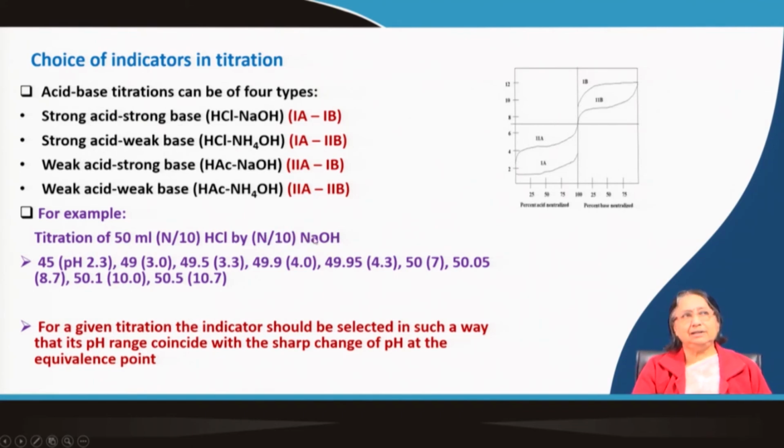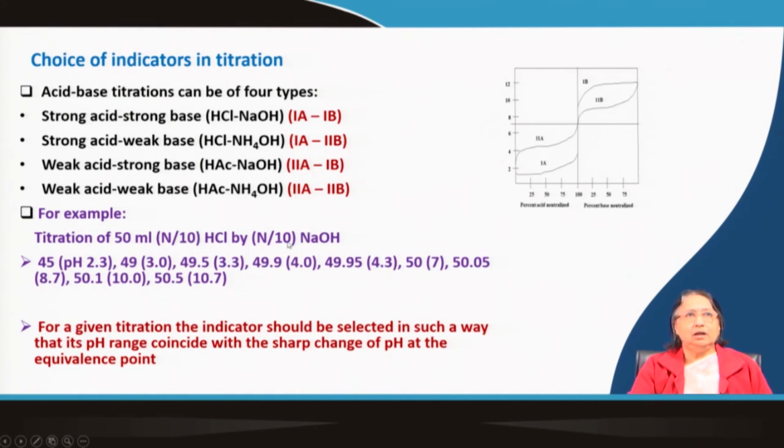Then you have started your titration. Okay. Then say for example, when you have added 45 milliliter of NaOH, basically the neutralization point should come when you add 50 milliliter of NaOH, because you have taken 50 milliliter of HCl and the strength is the same.